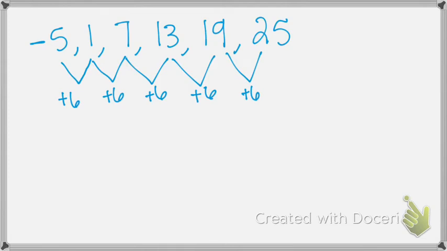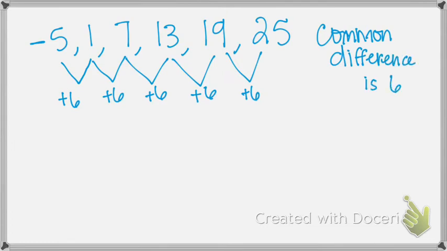So we've got to write 2 equations. I'm just going to jot down that the common difference is 6. So we've got 2 equations. Let's do the easy one first.